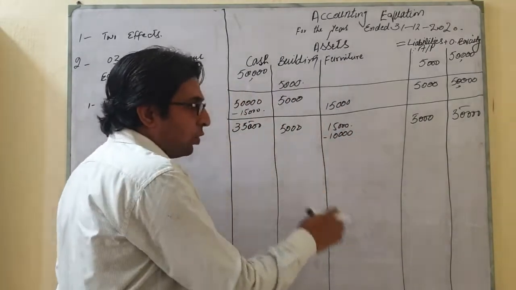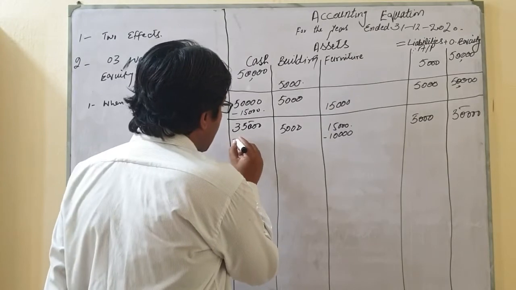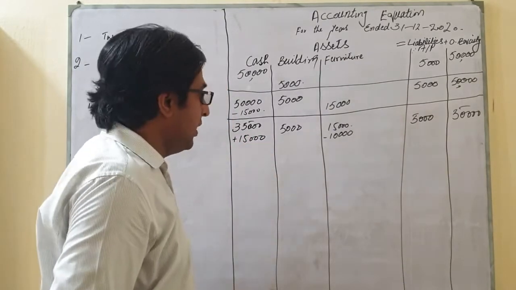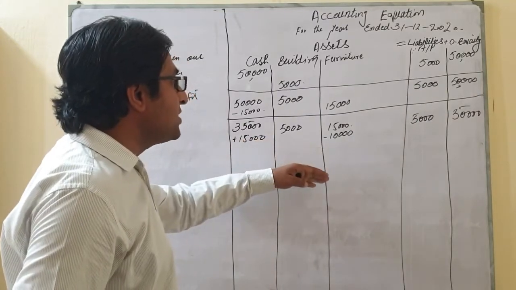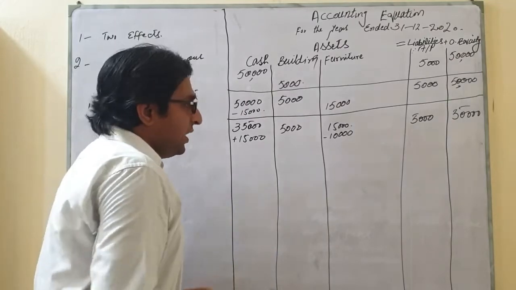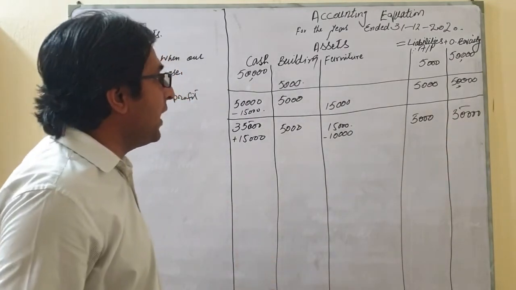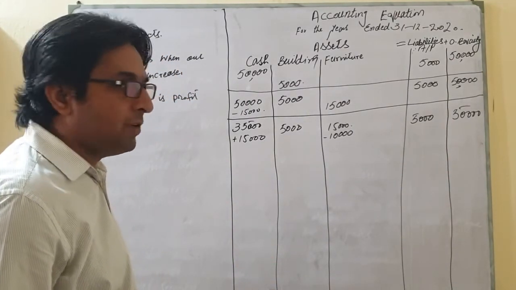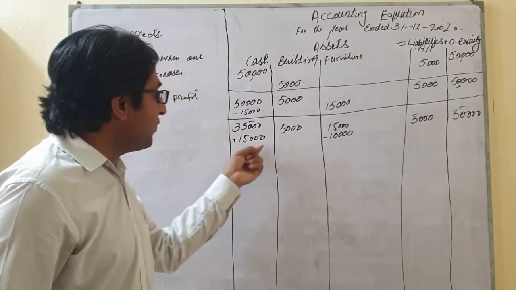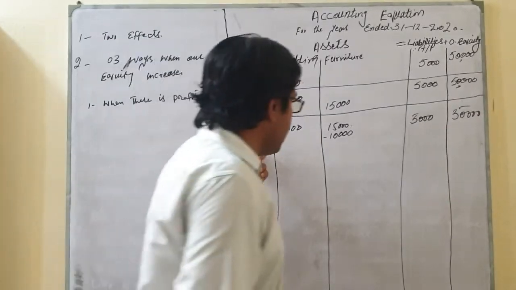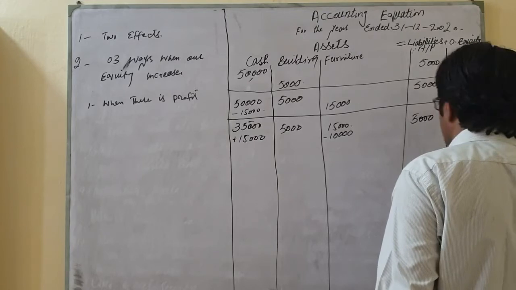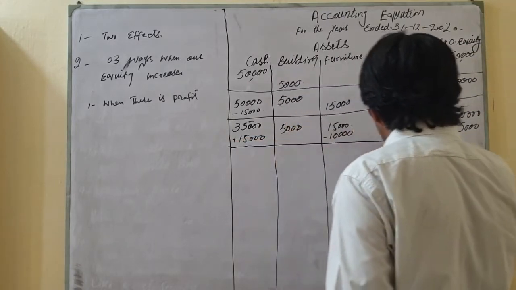While we have sold this for $15,000, our cash will increase if we have received the payment. If we have sold the furniture on account, then we will add account receivable column. In this situation, we have assumed that we have sold 10,000 furniture for 15,000. Now 10,000 cost, 15,000 sale price, and we have earned $5,000 as a profit. Now we calculate the balance.